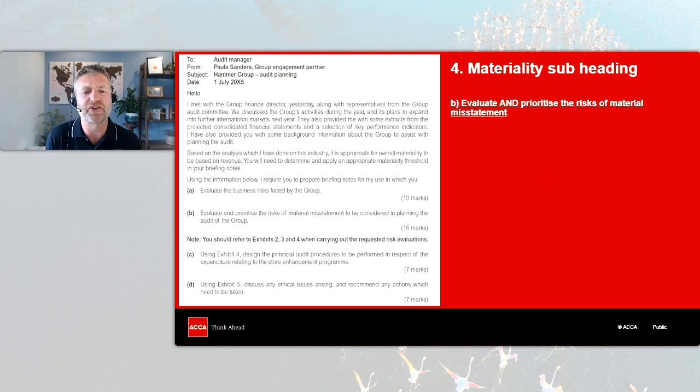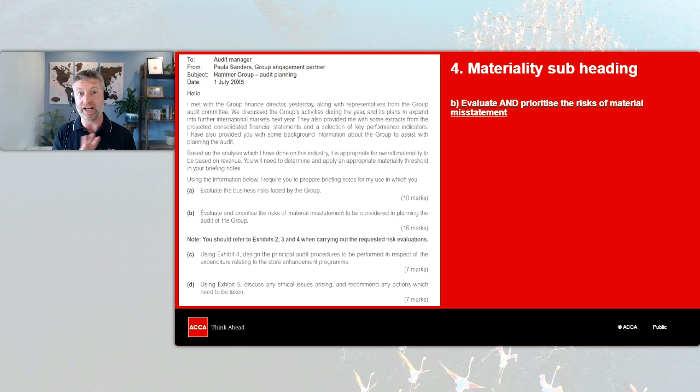And the fourth bit of structure stuff is that I have to have a specific subheading for materiality, and it has to go as the first subheading within the ROM or the audit risk question, which is here, part B. In part A, materiality is not relevant, okay, because business risks are risks that are impacting the company, their ability to hit their targets and to perform going forward, and that's an issue for the business, not an issue for the materiality of misstatements.